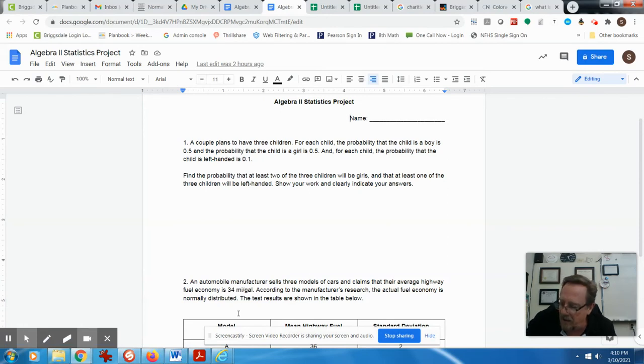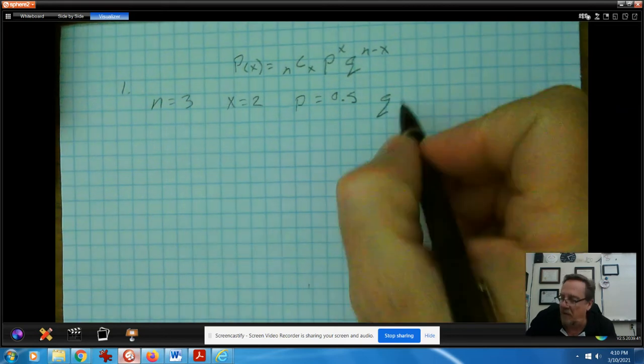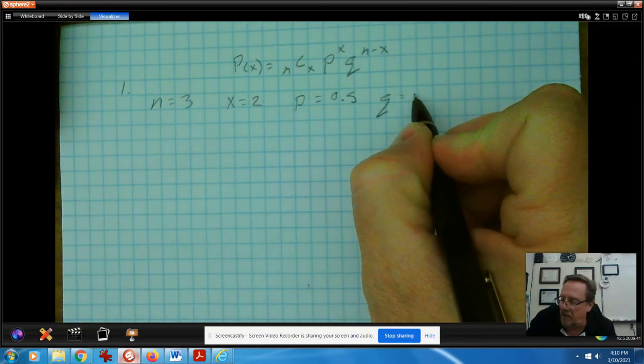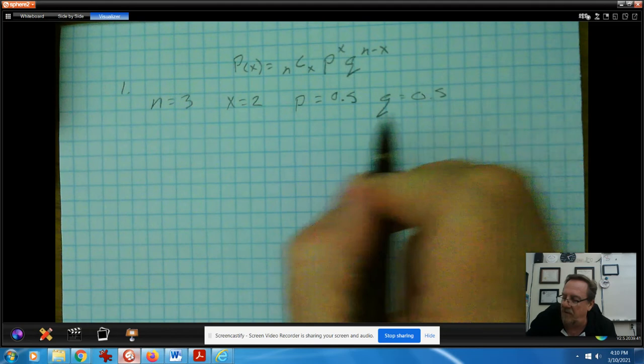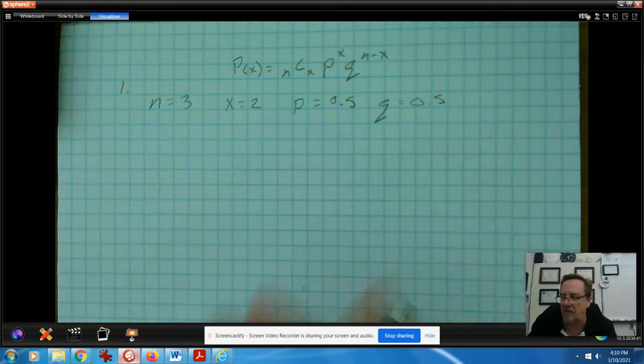P, the probability that they're a girl, is equal to 0.5. And Q, the probability that they're not a girl, is also going to be 0.5. So 50-50 chance they could be boys or girls. We're just going with their information, okay?